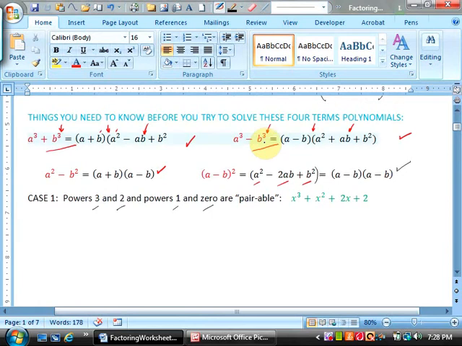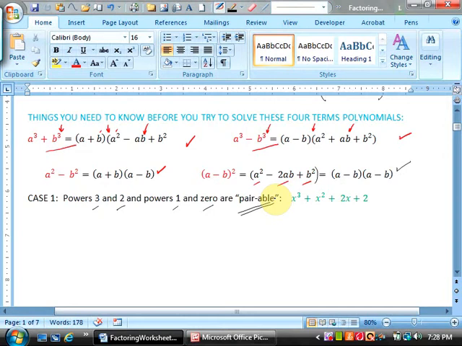So what makes this example easy is that the pairs are pairable, and I put that in parentheses because I'm under the impression I just made up a word here. But the pairs have to be pairable in order for you to solve this. What I mean by that is that once you pair them, you can easily factor.